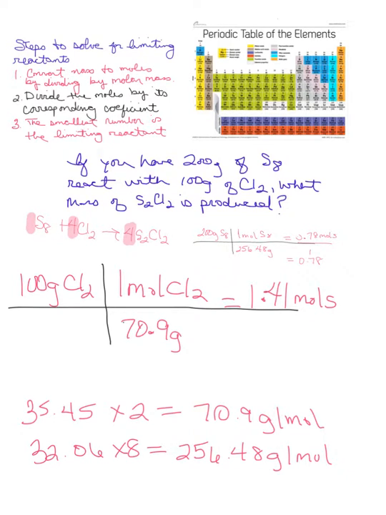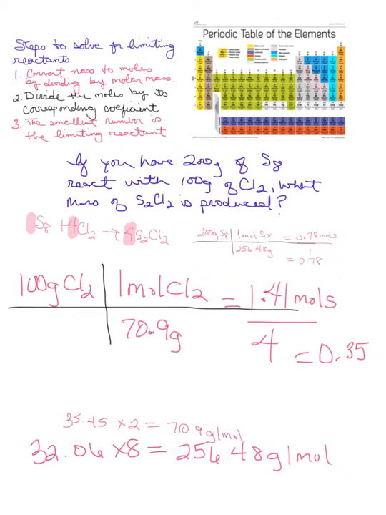So I need to do 1.41 divided by 4. Let me see what my total is. And my total is 0.35. Okay, so now I've done my calculations for both reactants here.